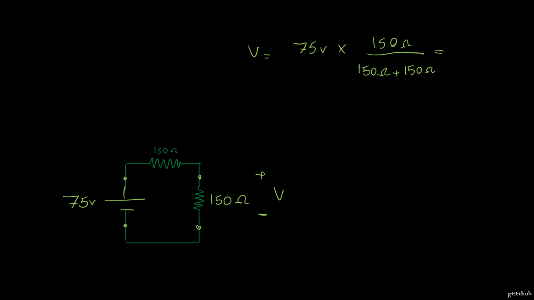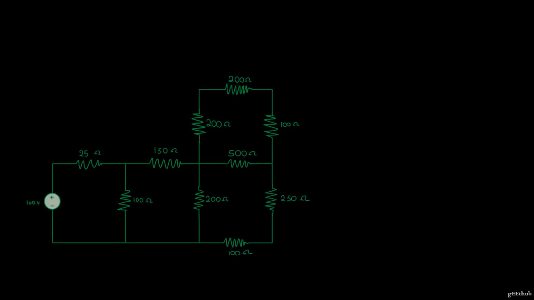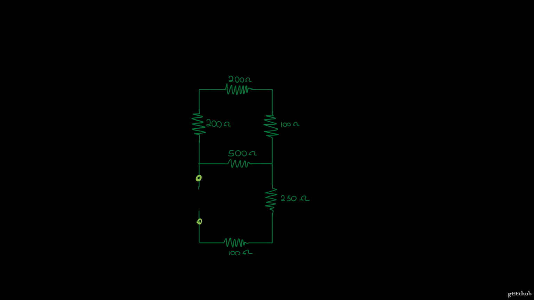So this is half of 75, so 37.5 volts. Do the same thing. I'm gonna now replace this part with a 37.5 volt source.